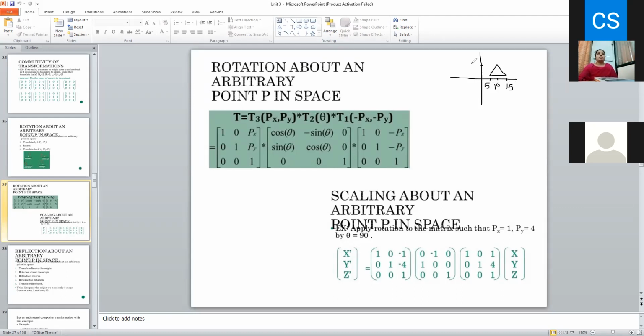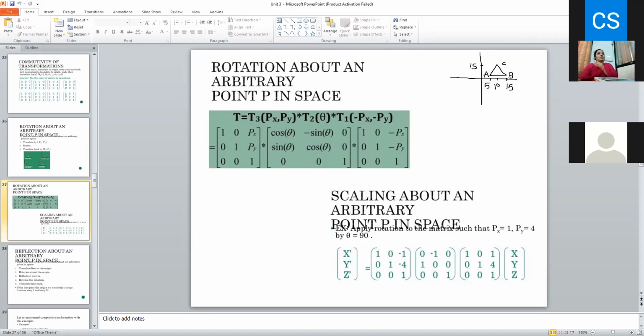And this is, let us say, 15 again. Now this is a triangle given, and you have to perform the rotation of the triangle about this point A. This is point A, this is point B, and this is point C.